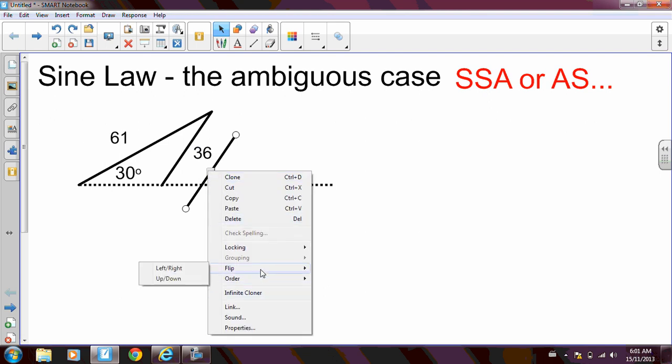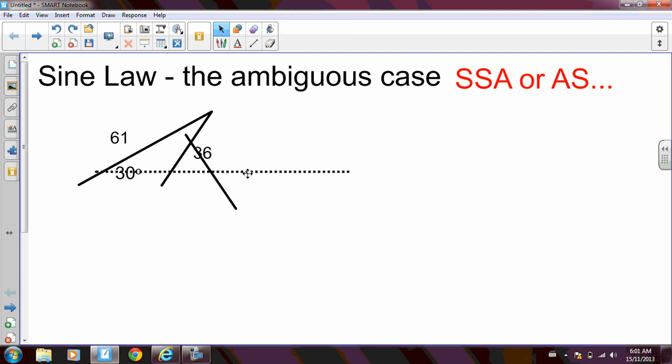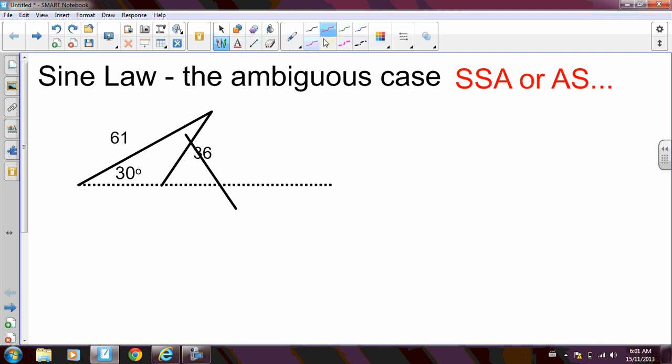It turns out that when we have this information specifically, two sides and the following angle, a little bit different obviously than the cosine law, I have to have the two sides in a row and then the angle that follows. Essentially it's a line coming down this way instead.